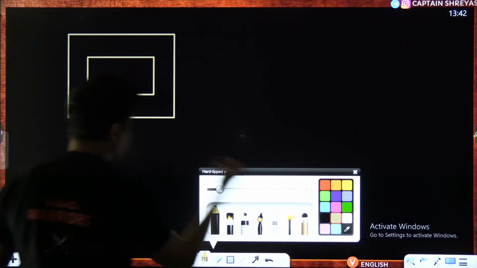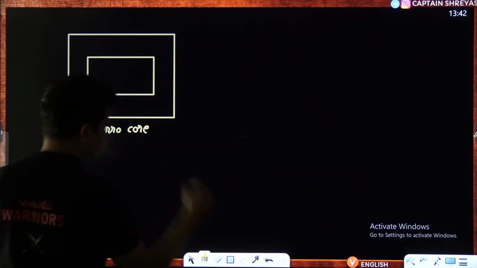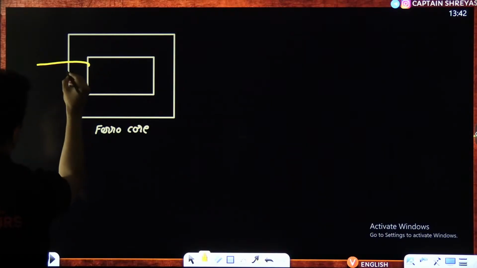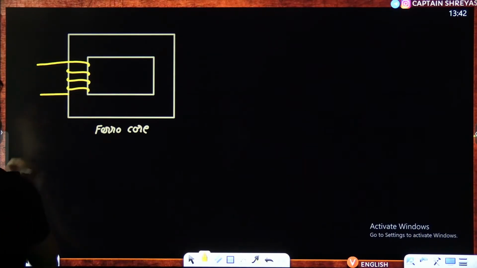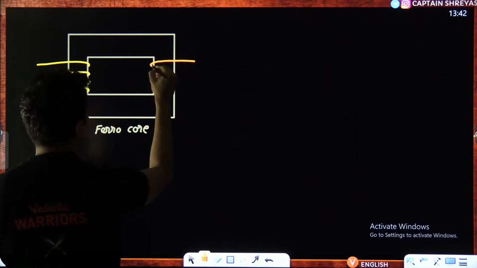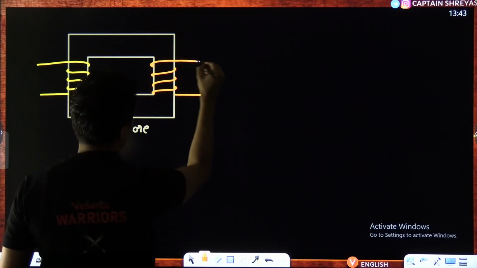If this is the ferromagnetic core, and let's say this is the primary coil, and on this side you have the secondary coil.